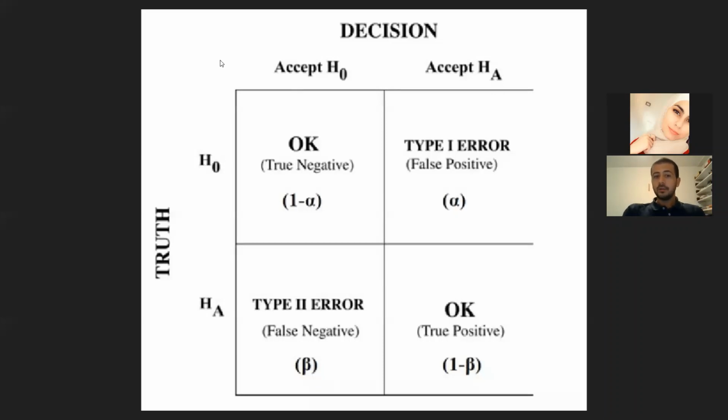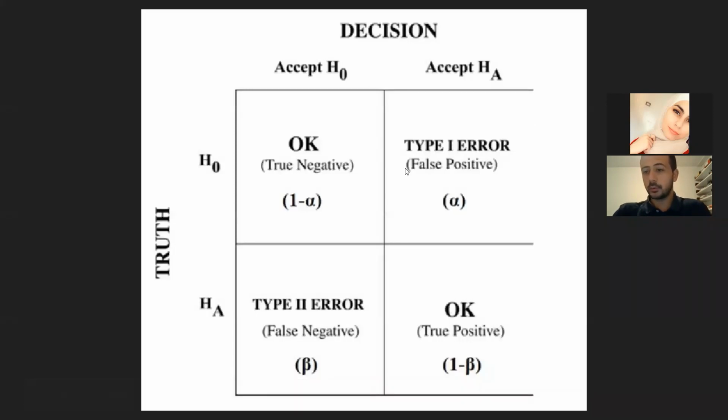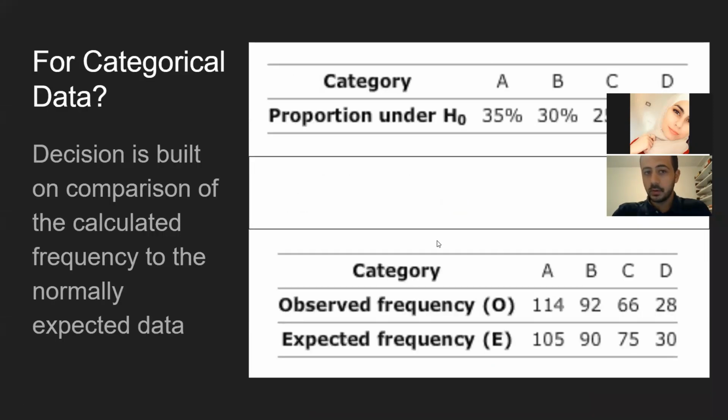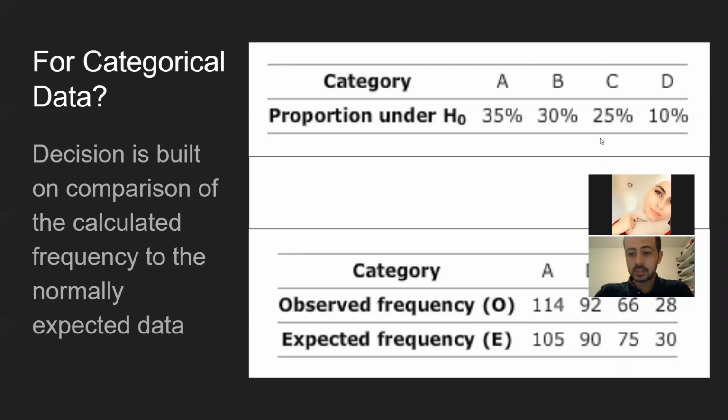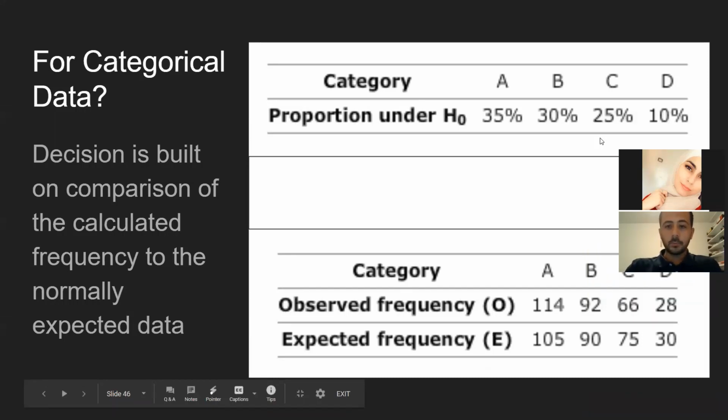While in the truth, they might be reversed if I have any type 1 or type 2 error. Now we understand the error and we understand the hypotheses. But what should I do?